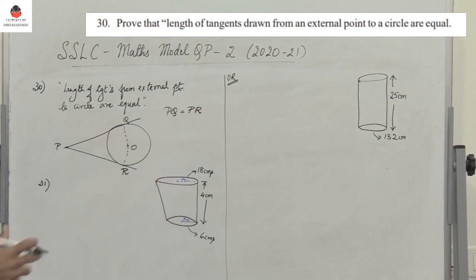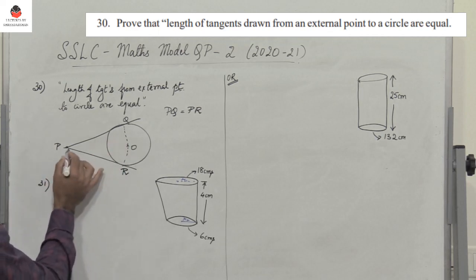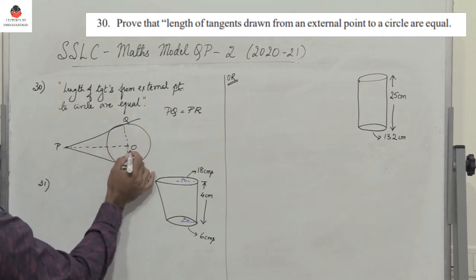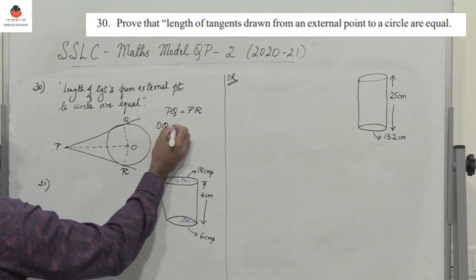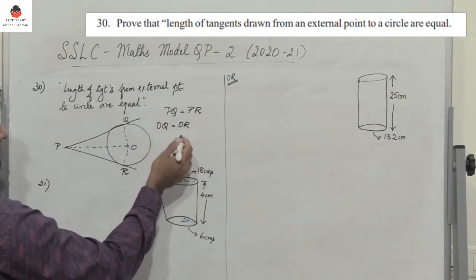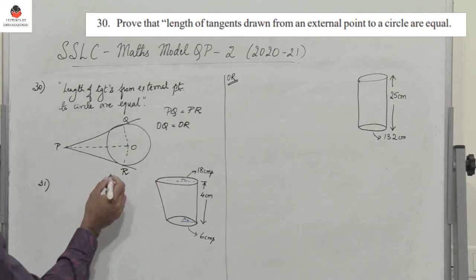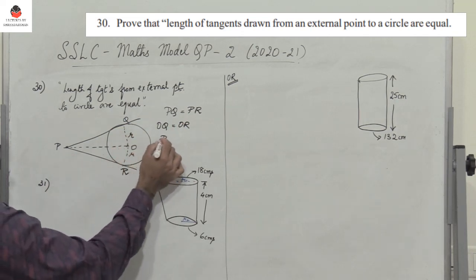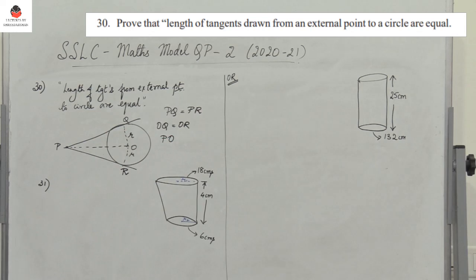Now this proof is already there in the textbook, so I'll just briefly tell you how to go ahead with the proof. So now once you join PQ and QR, join PO. Now we find that OQ is equal to OR, right? OQ is equal to OR because they are the radii of the same circle. So this is R and this is also R. And what about PO? PO is the same side, right?